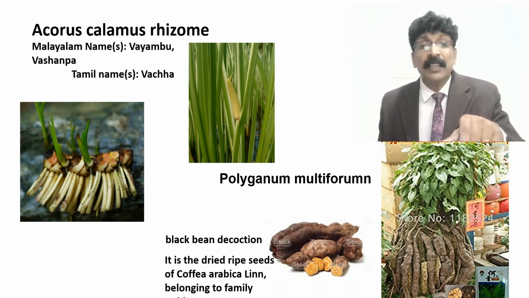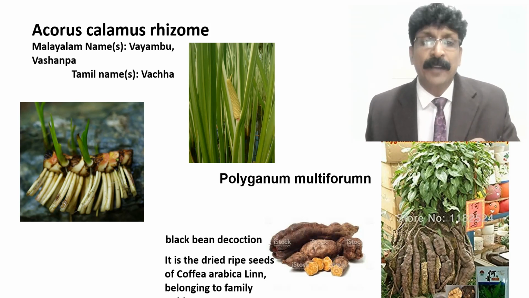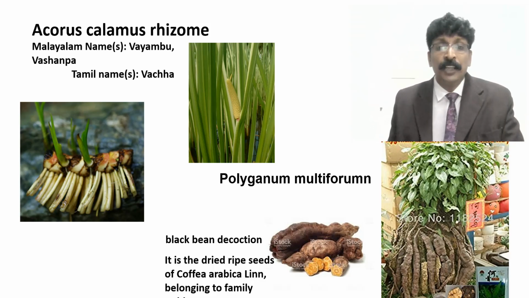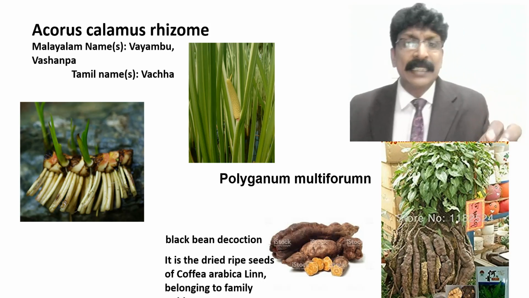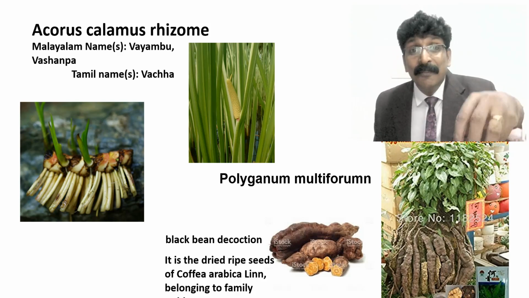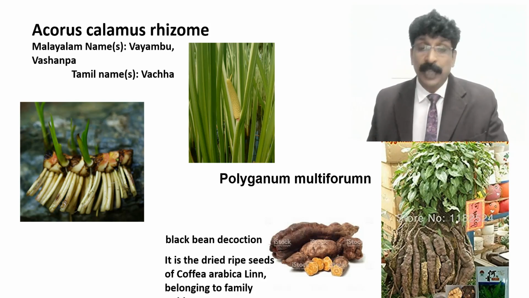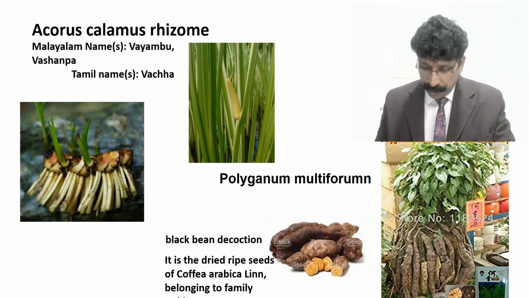Black bean decoction is from the dried ripe seed of coffee, Coffea arabica, belonging to the family Rubiaceae. It is extracted and used for this purpose to get the secondary processing.